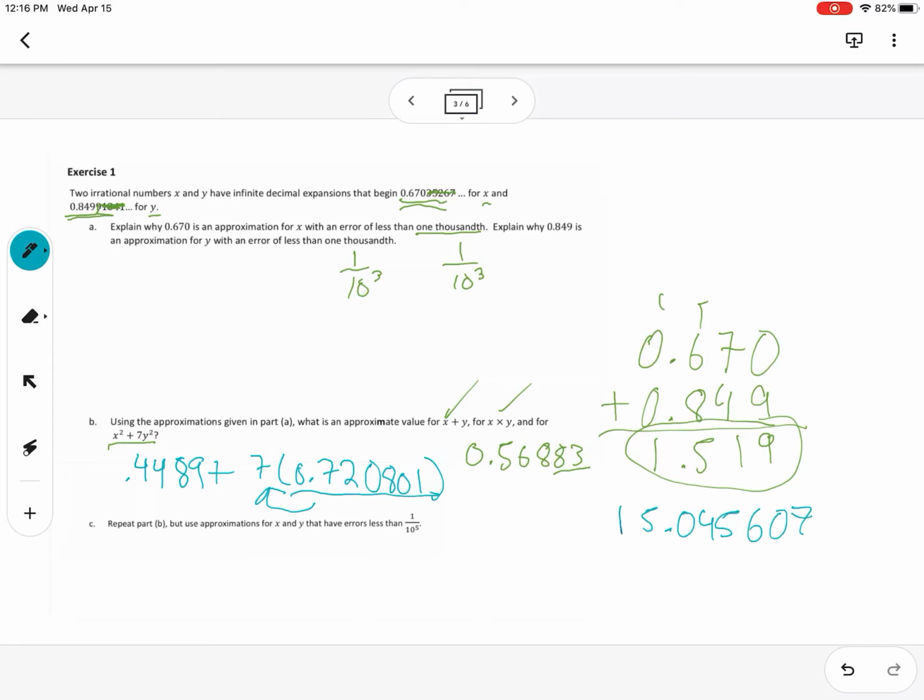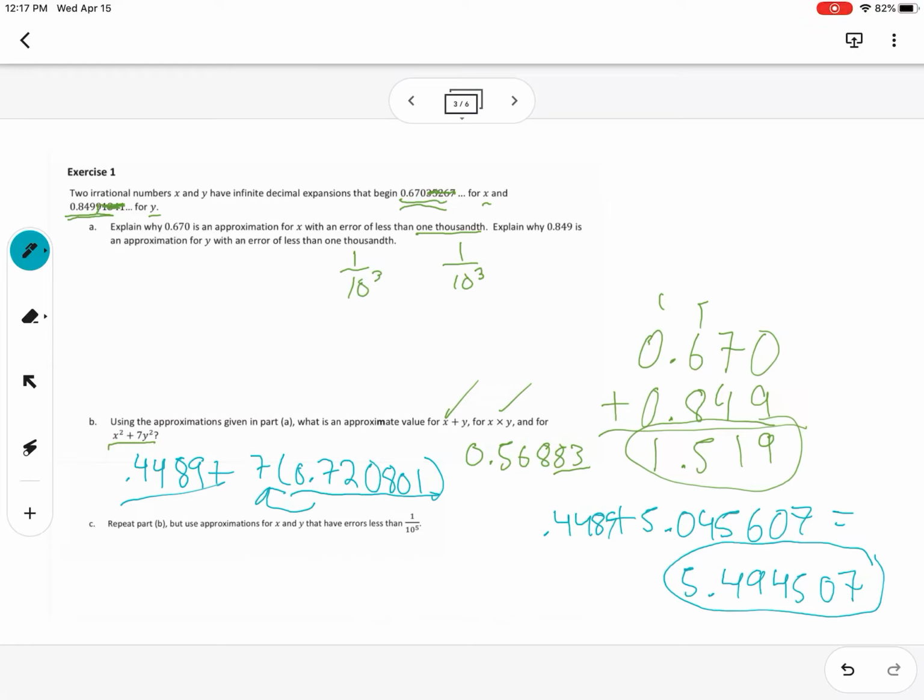And my last step is to add that with the answer of my x squared of 0.4489, which I got from right here. So then I add those two together, and my final answer for this entire part here is 5.494507. And I know that was a little fast, but feel free to rewind and watch.